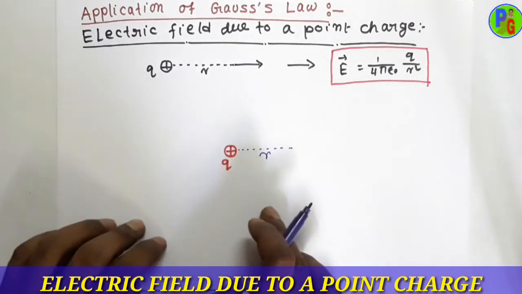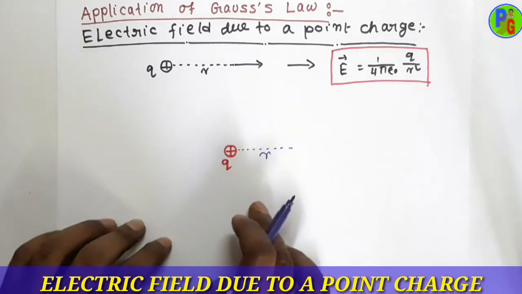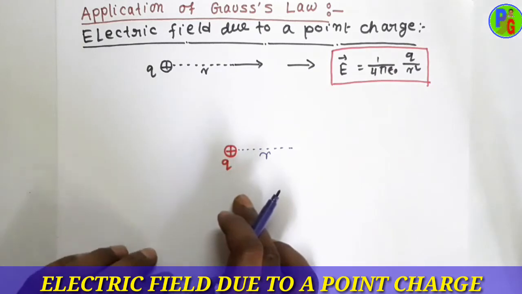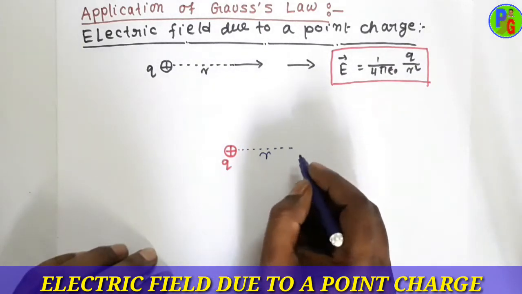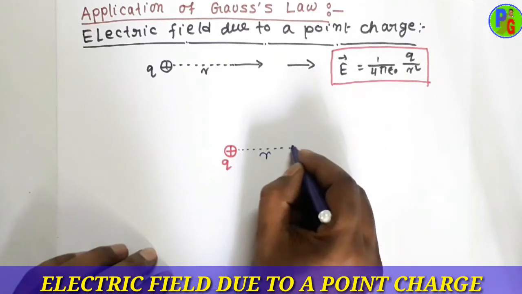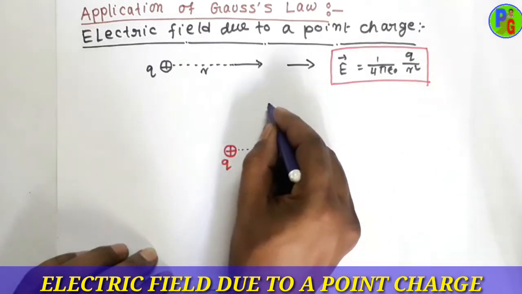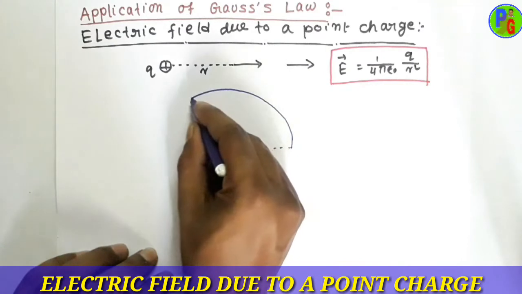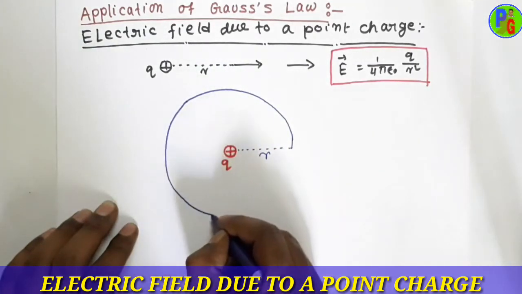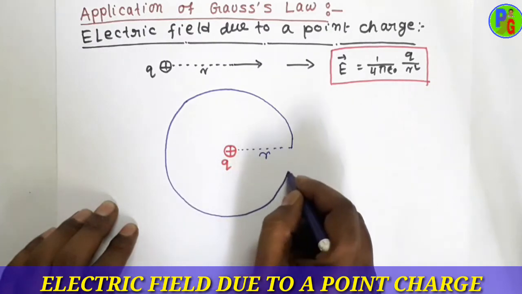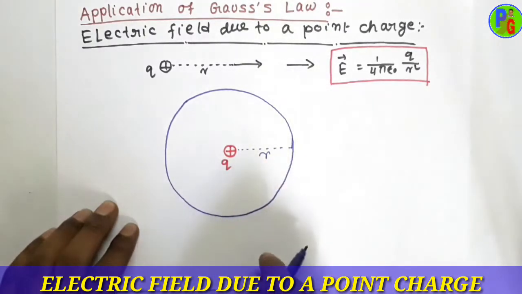The surface you have to take in such a way that you can easily integrate it. Let us draw the Gaussian surface first. The Gaussian surface in this case, due to point symmetry, will be a spherical surface. So this is our Gaussian surface here.